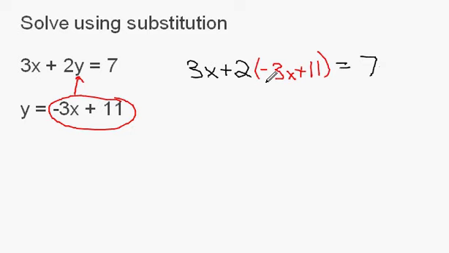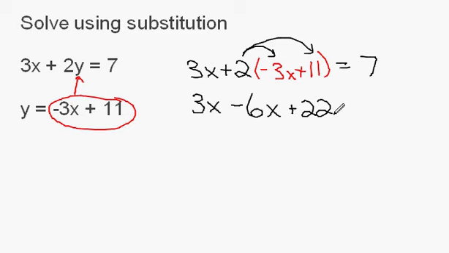The 2 is close to the parentheses, so that is what we are going to distribute. The 3x stays by itself. A positive 2 times a negative 3x gets us a minus 6x, and 2 times a positive 11 gets us a positive 22, and then drop down to equal 7.